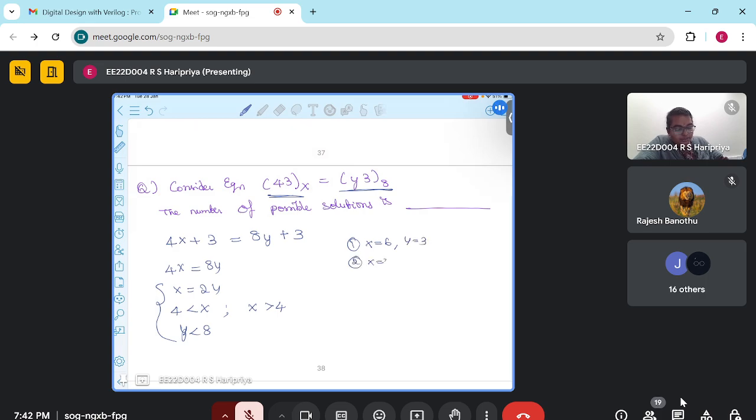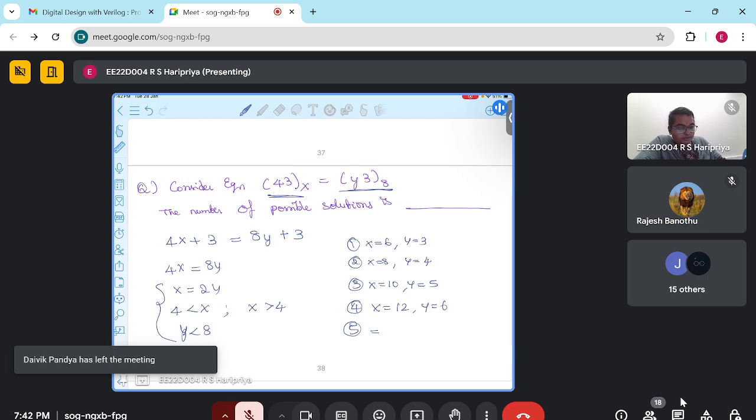Next is x is equal to 8, y is equal to 4. Next is x is equal to 10, y is 5, because x is double of y. If it is 12, then y should be half, 6. And if it is 14, next y cannot be 8 because it should be less than 8. So the possible solutions are 5.